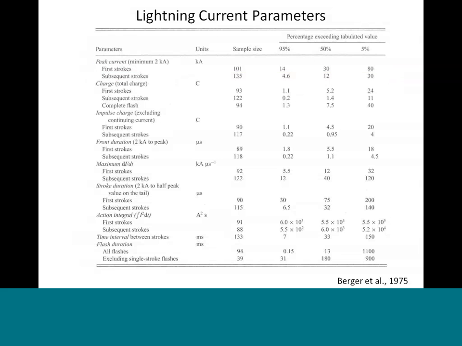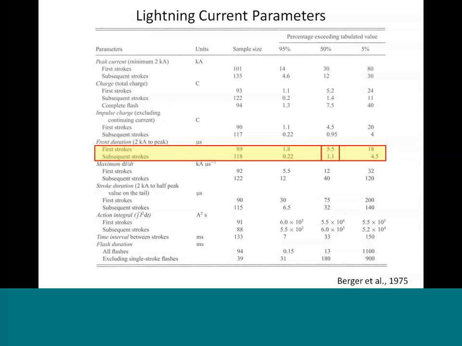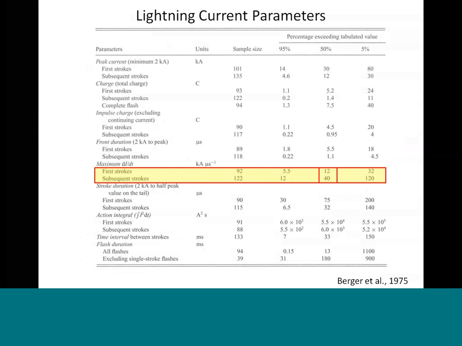And if we take a look at the front duration or rise time, for the first return stroke it is on average 5.5 in the measurements of Berger, and for the subsequent return stroke 1.1. You see, first return strokes have larger peaks and larger rise times. Subsequent return strokes have smaller peaks and smaller rise times. And one of the most important features is the maximum rate of rise, or di/dt.